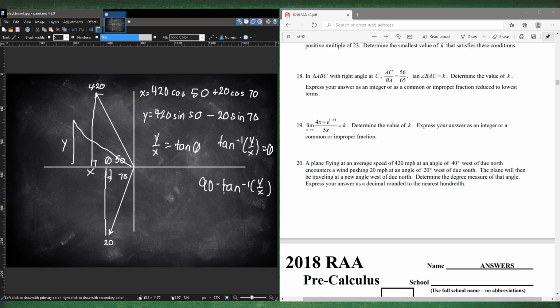And then inverse tangent that amount, and then 90 minus that. And we should have an angle of 24.42 degrees to the nearest hundredth. And that's your answer for number 20. So you just need to set it up.